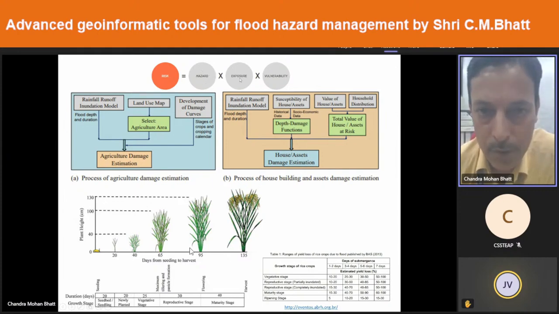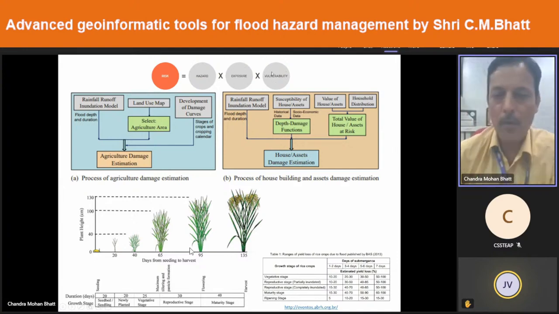Then we need to have the exposure. Exposure is either the population residing in that area, or if we are assessing crop damages, then the exposure is the crop that is exposed in that area. And the vulnerability is decided by a number of factors.